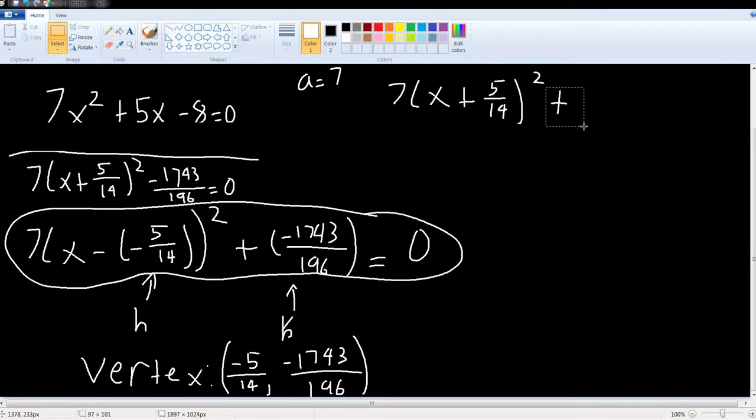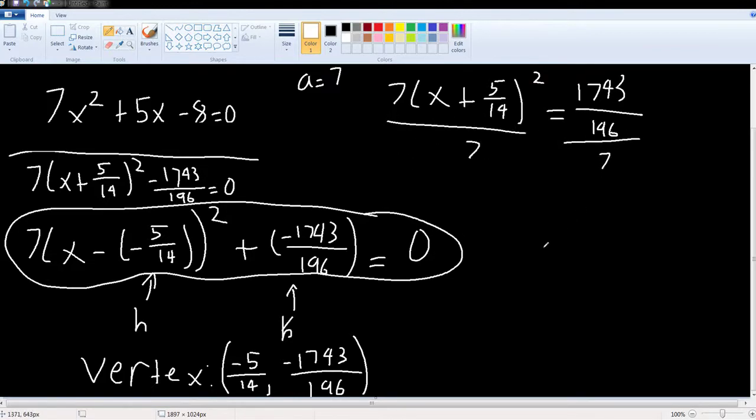So next thing I want to do is solve for the roots. We're gonna have it where we still have the constant on the other side, 1743 over 196. Divide by 7. We get x plus 5 over 14 squared is equal to 1743 over 196.